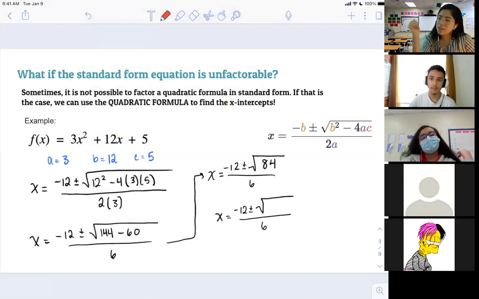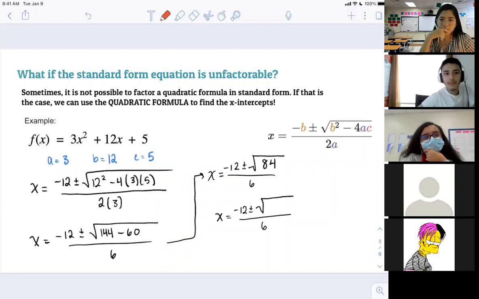Oh no, never mind. And you can't take the square root of 7 either. So that's not really going to work. And then Tyrone suggested 2, but you can't take the square root of 2 either. So what's a number that goes into 84 that you can take the square root of?